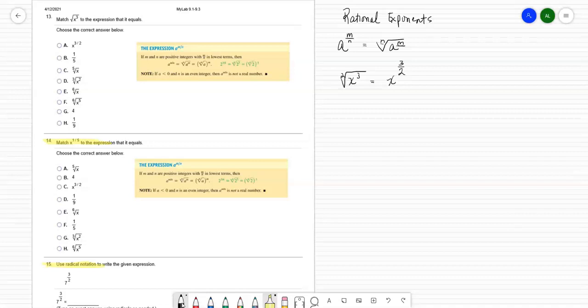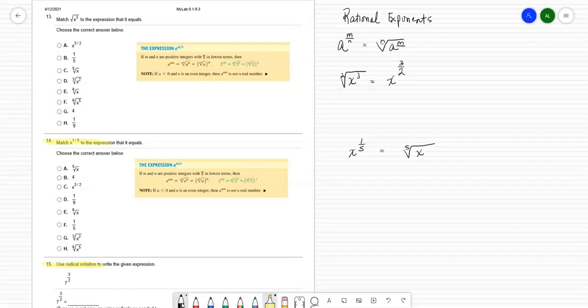Now, number 14, we are given the rational exponent, x raised to the 1/5 power. So we're going to rewrite this. Of course, we have x as the base. Our denominator is our n, right? It's our index here.